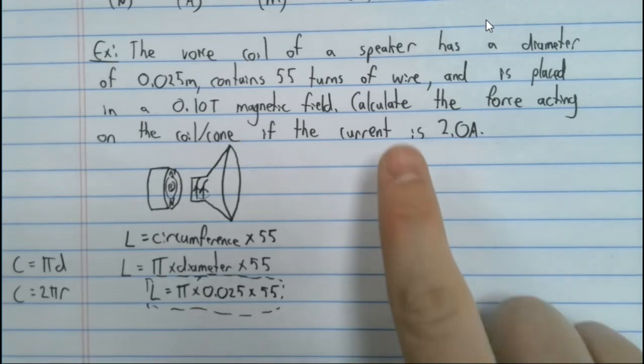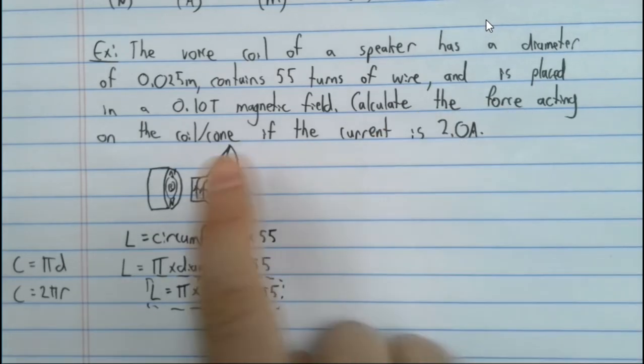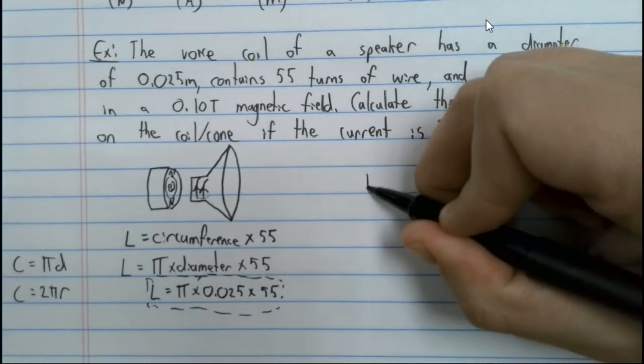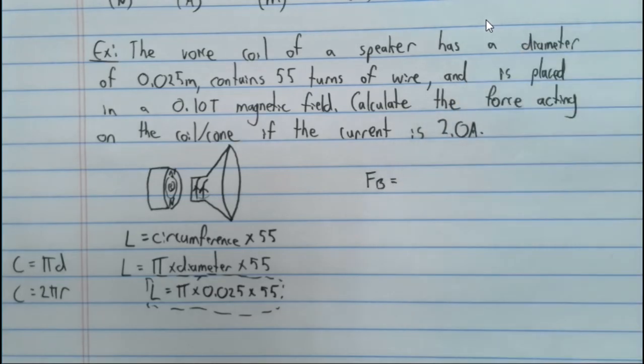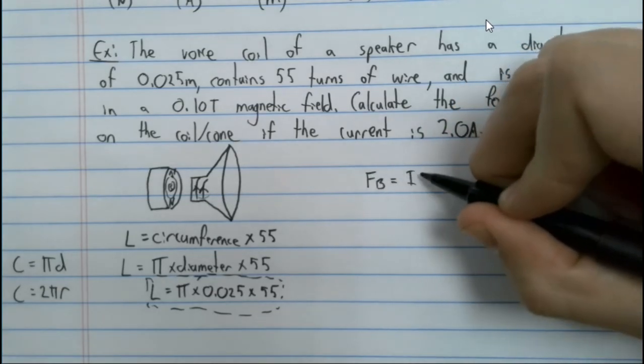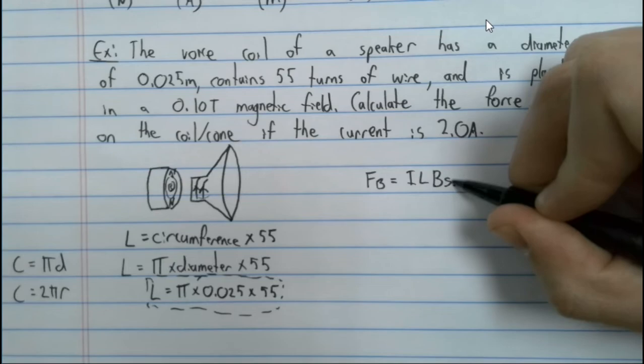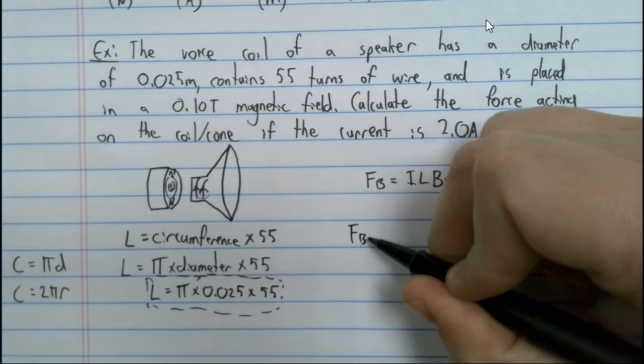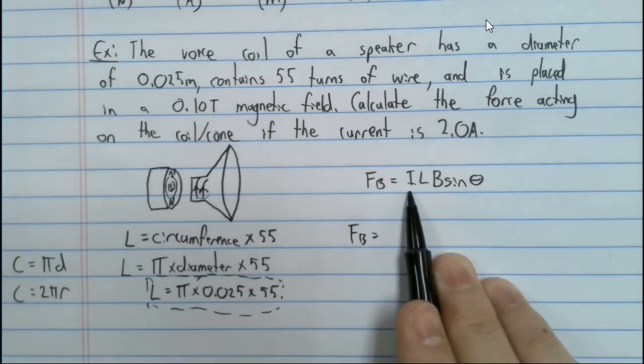Ultimately, we want to calculate the force acting on the coil. And so that is our new equation here. I'll start up top here. F_B equals I L B sine theta. I believe the rest of it was given. So I represents current.